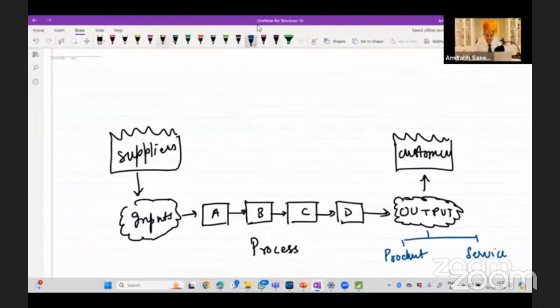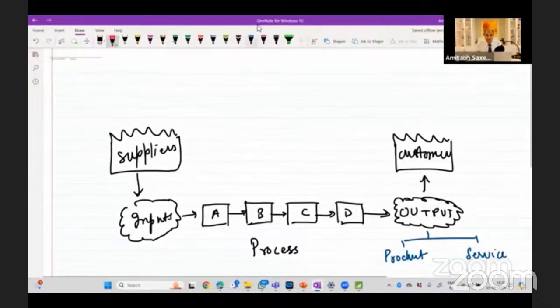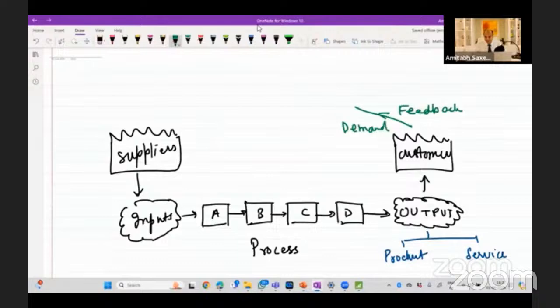And then the customer will give you the feedback. And also you will predict the demand of the customers of your services or the products.